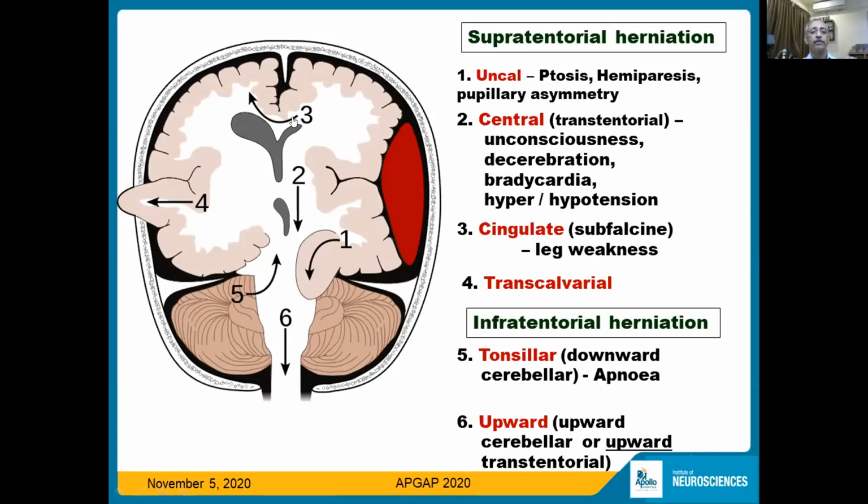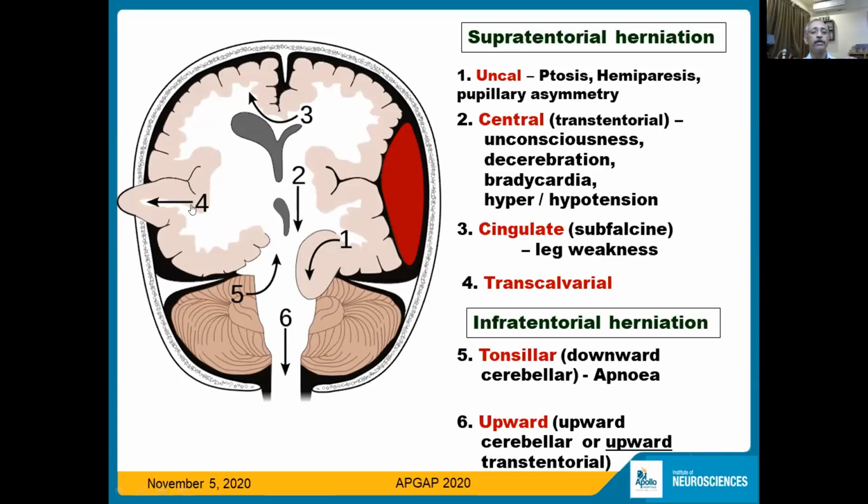And the subfalcian herniation, you see when there's a large tumor in the frontal lobe, and that's why I said that during subfalcian herniation you see weakness of the lower limbs. So whenever patients have a large tumor and develop weakness of the lower limb, that means there is subfalcian herniation because the anterior cerebral artery is involved.